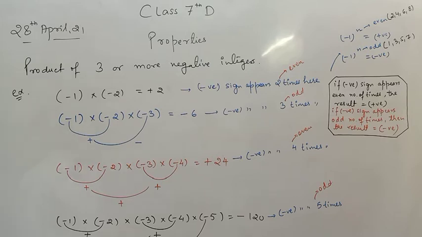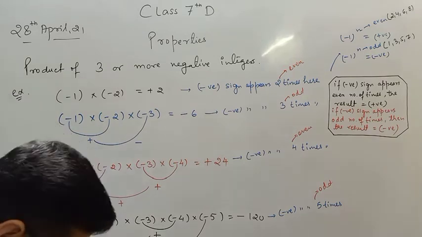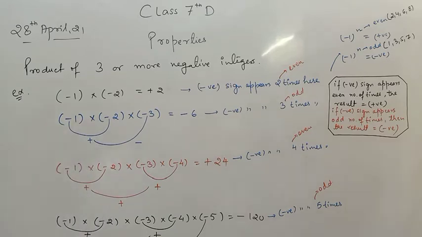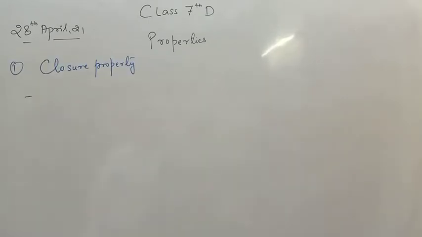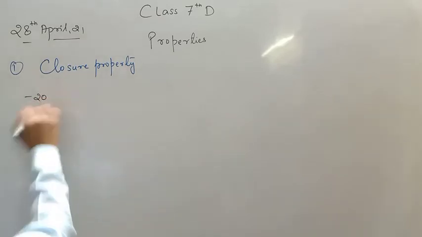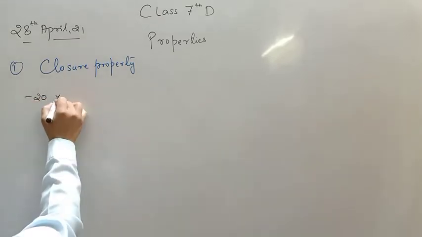First is closure under multiplication. Closure property, as we have earlier learned closure property in addition and subtraction of whole numbers and integers. Now what closure property says, I'm just taking one example from your book: -20 multiplied by -5.